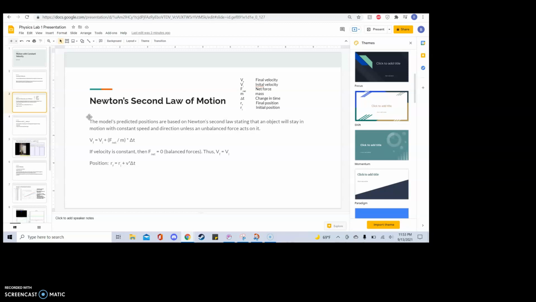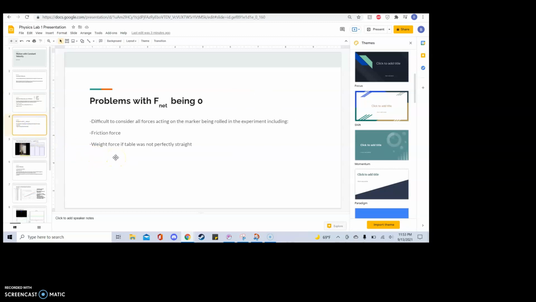Thus, the final velocity and initial velocity are equal. This allows us to calculate the position through the formula final position equals initial position plus velocity times delta t, and this is with the mass being constant.